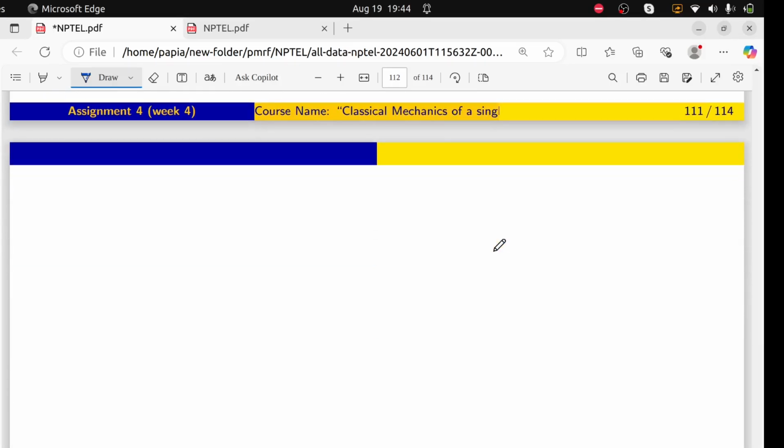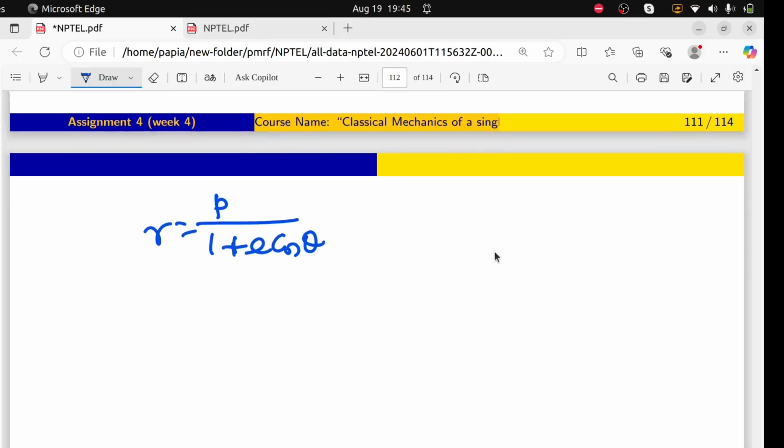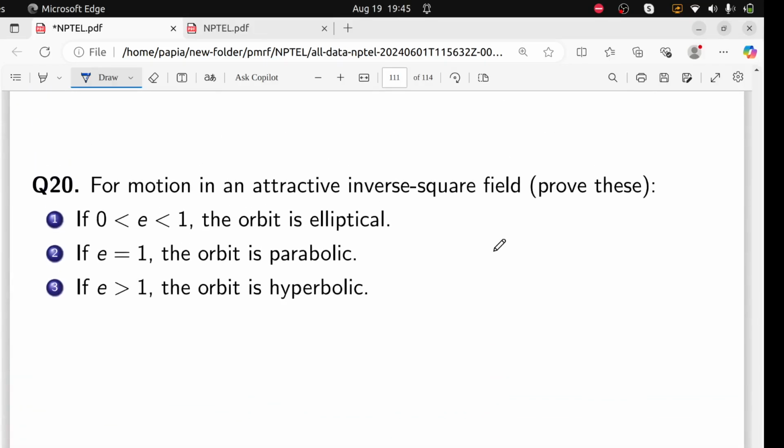So the conic section was this. So which conditions? Elliptic, parabolic and hyperbolic. So 3 conditions we need to check.